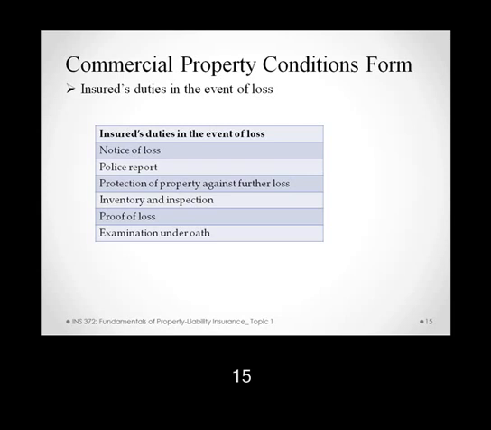For that particular time period, if the insurance company does not have any access to your inventory, or if they cannot inspect your inventory, they will never be able to evaluate the true loss. The proof of loss and examination under oath will also help to prevent moral hazard.